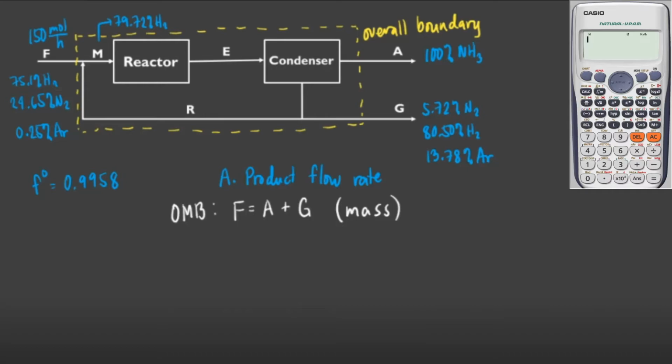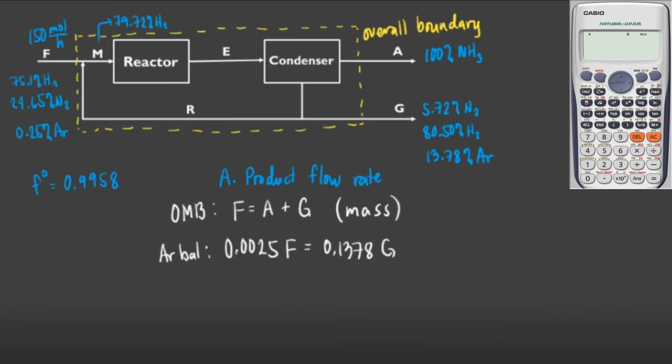What we can do instead is to make use of the inert substance, and that is argon. We can use argon in a mole balance in the same sense as we can use it in a mass balance because argon is not reacting in this system. That means that I can write the following relationship, that is 0.0025 multiplied by F is equal to 0.1378 multiplied by G as our argon balance.